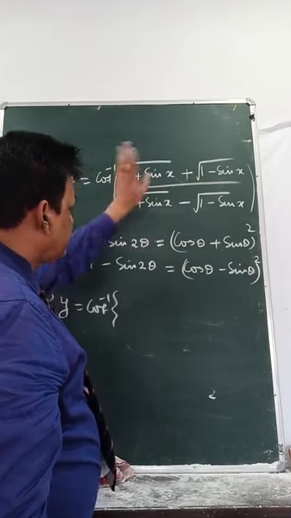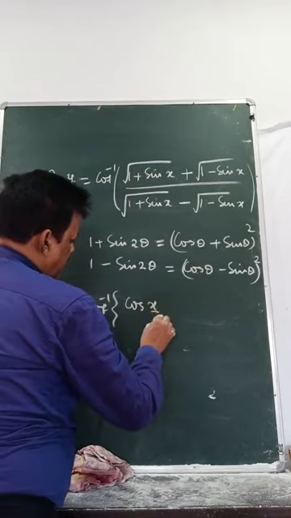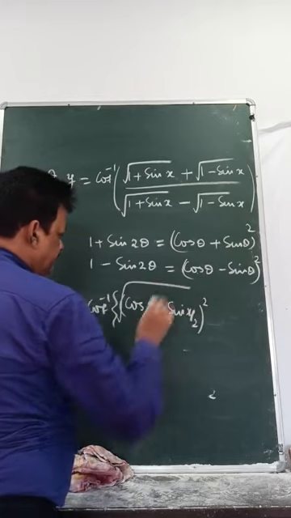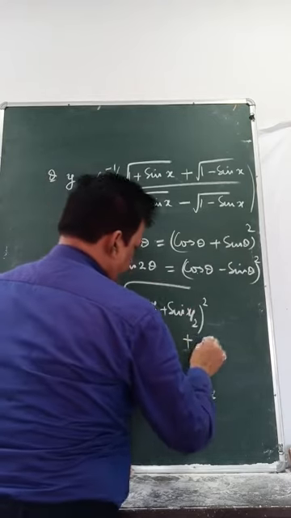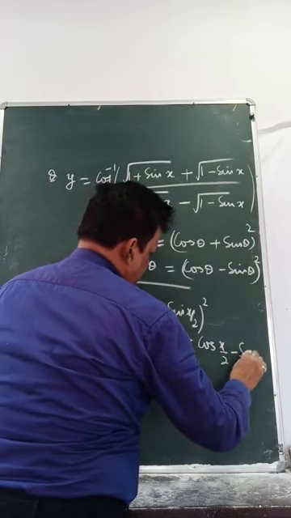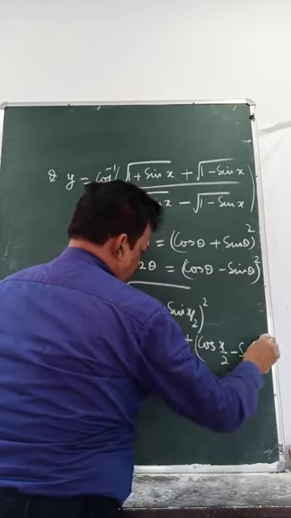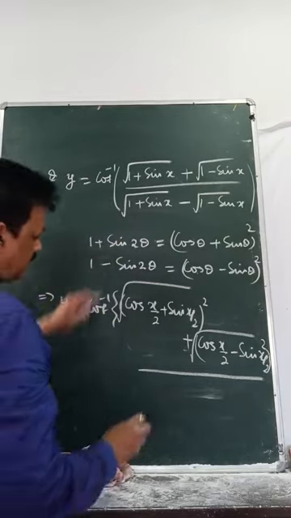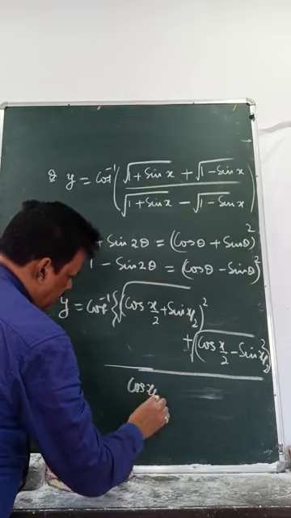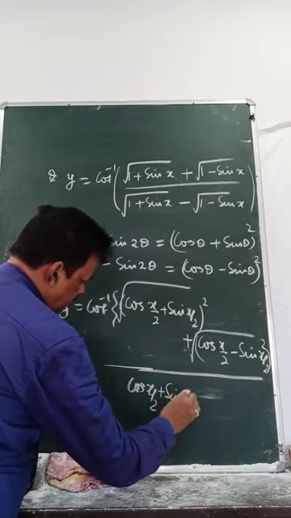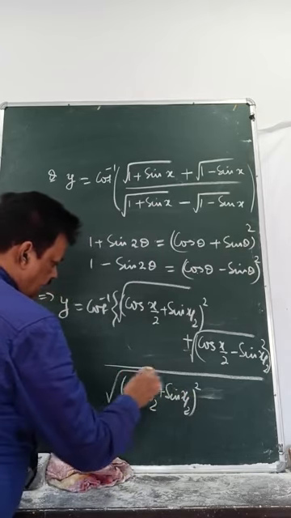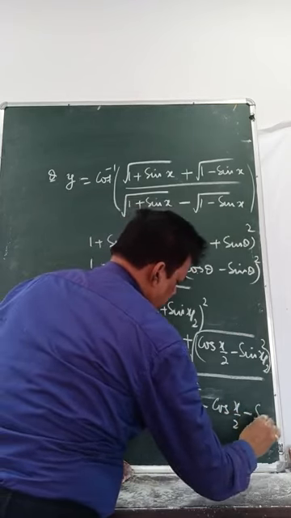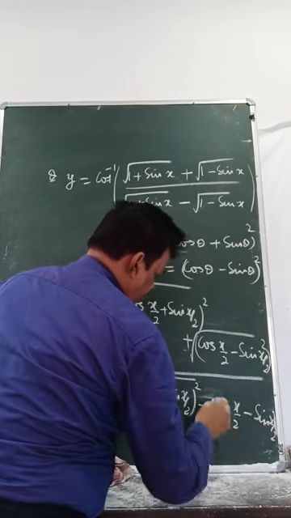That means you are getting y equals cot inverse of, half of this angle, square root of cos x by 2 plus sin x by 2 whole square, plus square root of cos x by 2 minus sin x by 2 whole square, divided by square root of cos x by 2 plus sin x by 2 whole square minus square root of cos x by 2 minus sin x by 2 whole square.